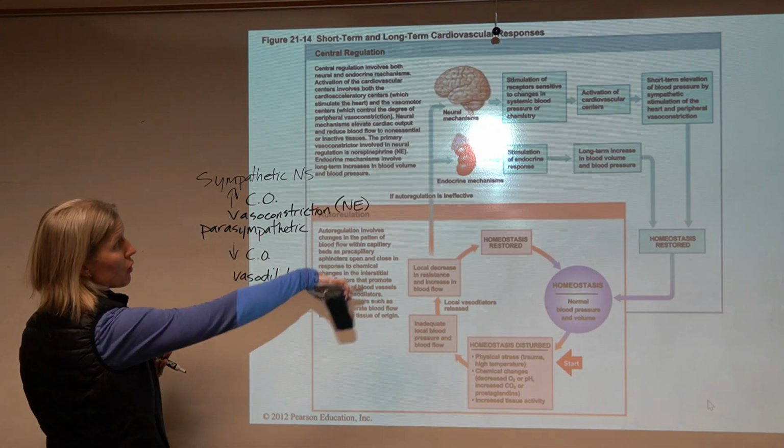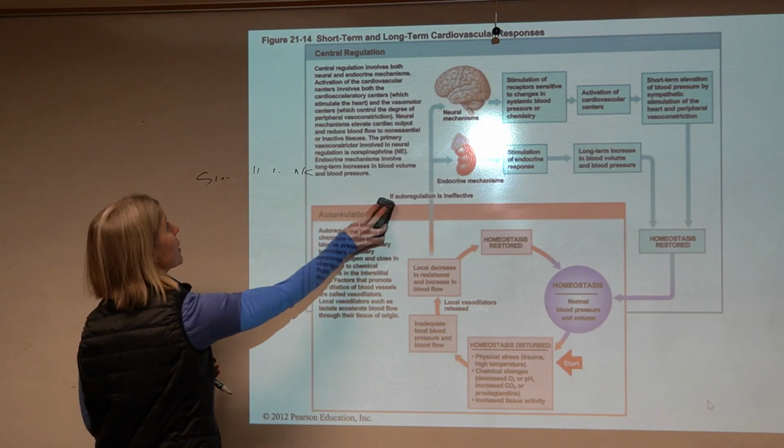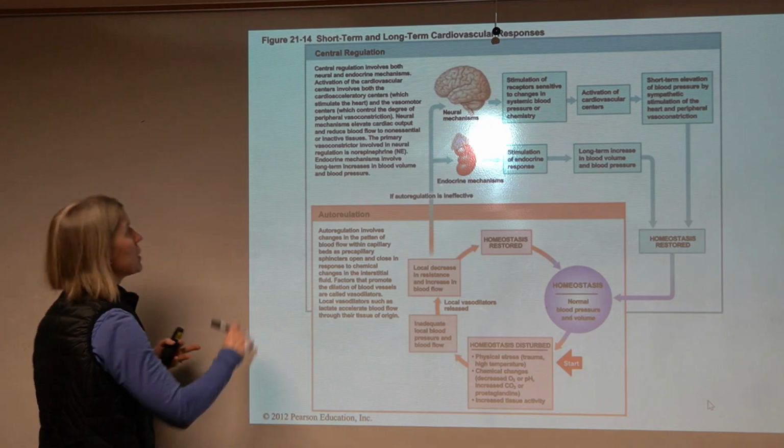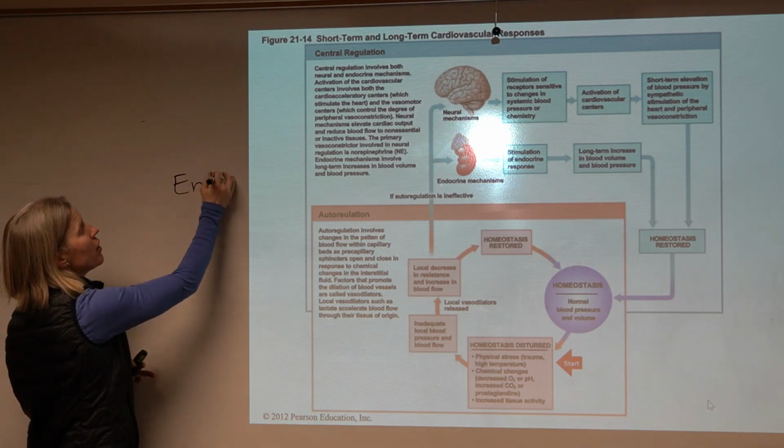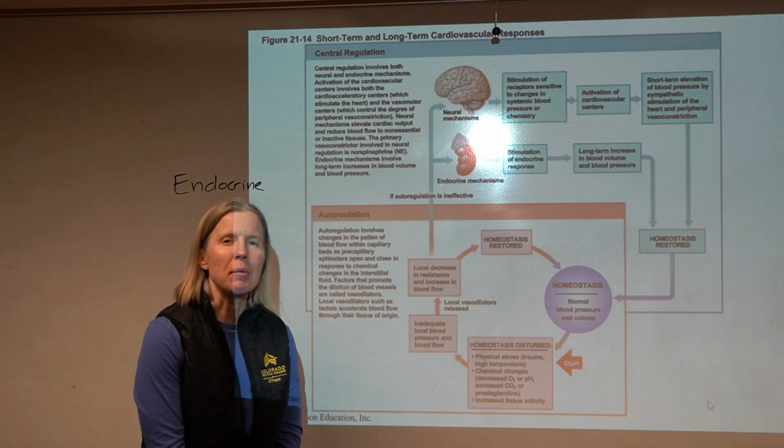So if autoregulation fails, we move into both of these mechanisms. The nervous system is faster, so maybe it can fix things, but typically we're also turning to the endocrine system to make these adjustments as well.